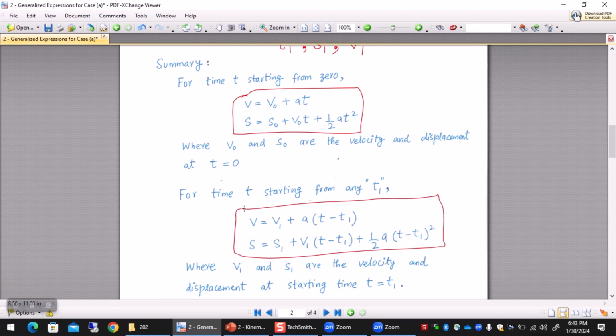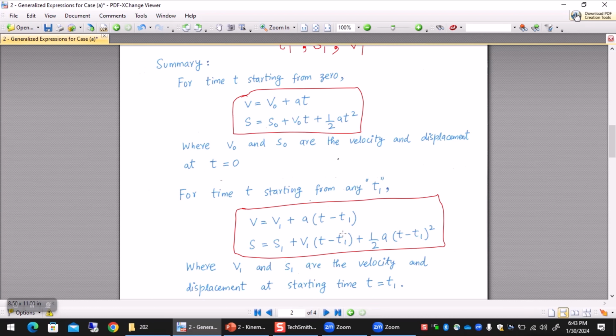You can see that they are modified from the original two equations. Wherever there is t, you have t minus t1, where t1 is the starting value of time for that case, and the corresponding displacement and velocity values are s1 and v1, right?